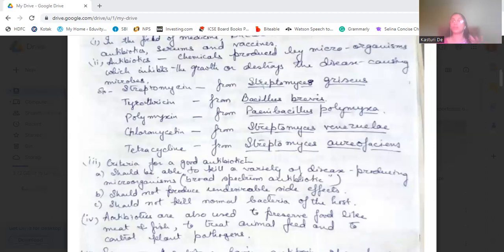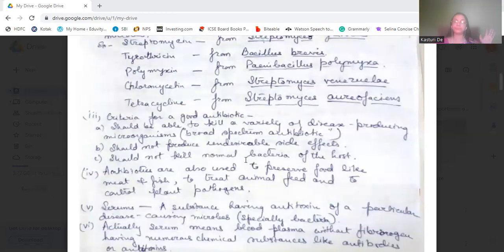What are those? They are used to preserve food like meat and fish, to treat animal feed, and they are also used to control plant pathogens. Plant pathogens are also killed by antibiotics. Clear?